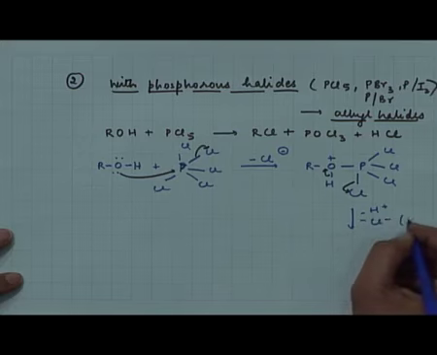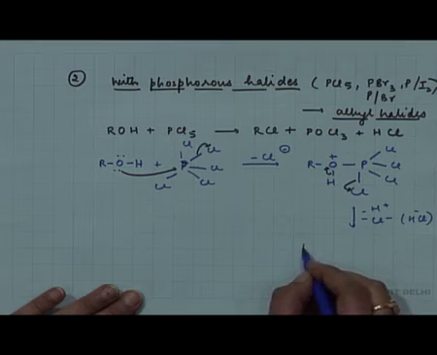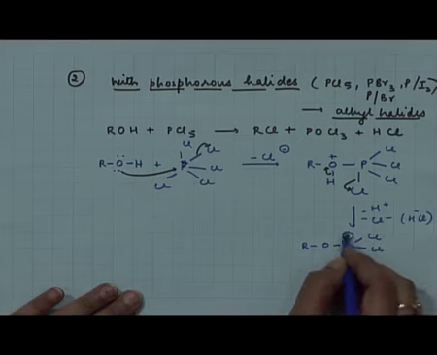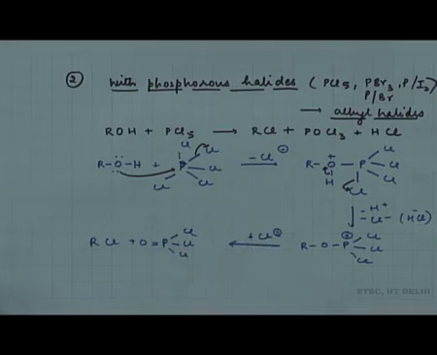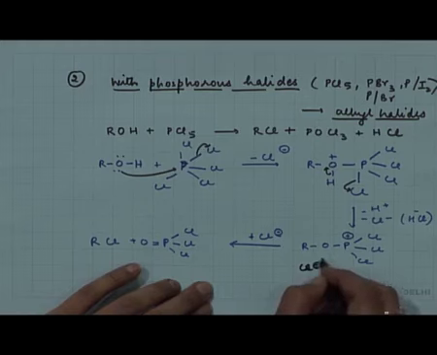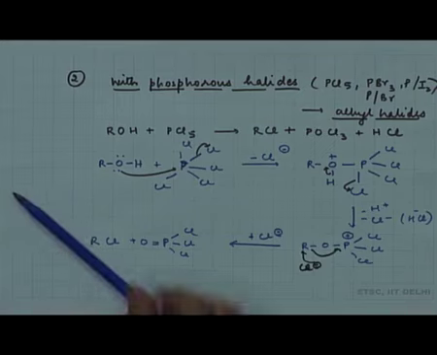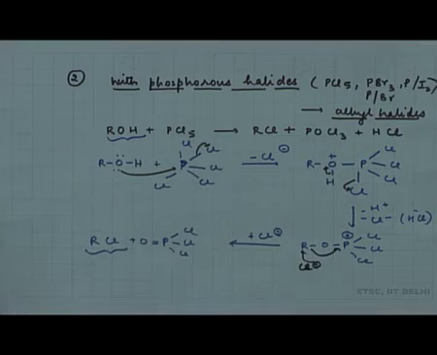That means there is a loss of HCl here, and what you get is this intermediate, which eventually, in the presence of the chloride ion, okay, the chloride ion comes and picks it up here, and what you get is this product, which is your alcohol substituted with the chlorine.